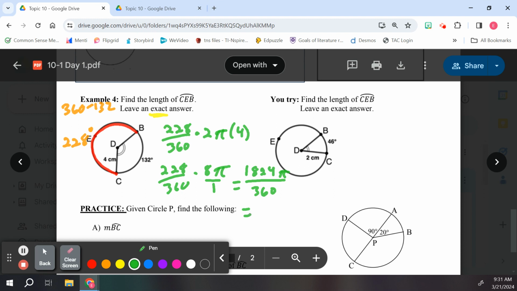Now, all you need to do is focus in on this part. Forget the pi. Divide those two and then hit math frac. What do you get?